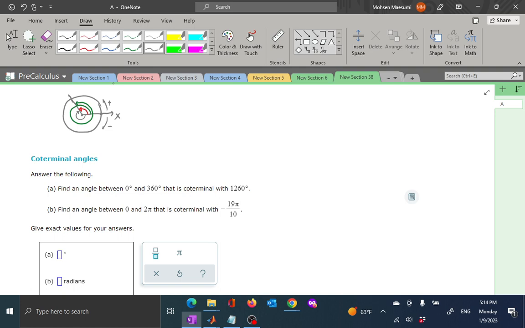So there are in fact infinitely many ways of arriving at the same location, and all of these angles will be coterminal. Now we want to extract something useful, which is what angle between 0 and 360 degrees or 0 and 2 pi is coterminal with a certain angle.